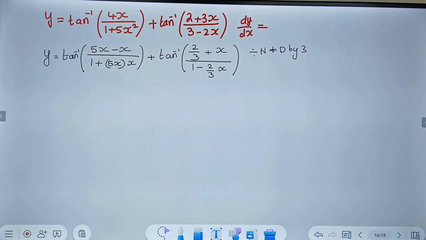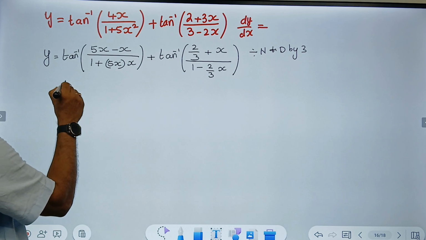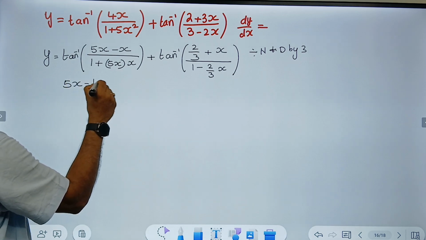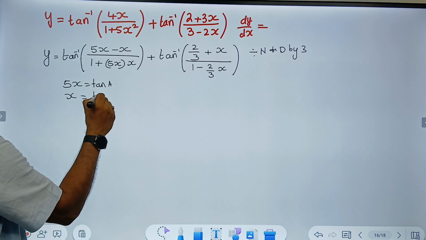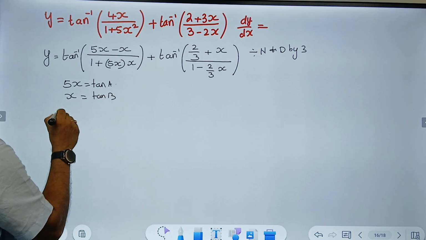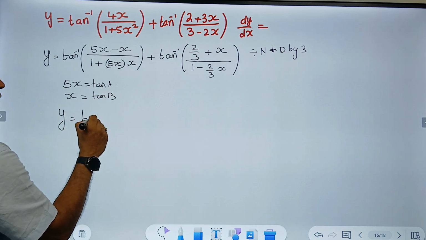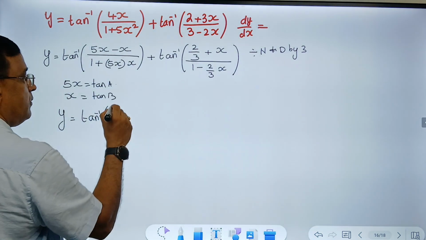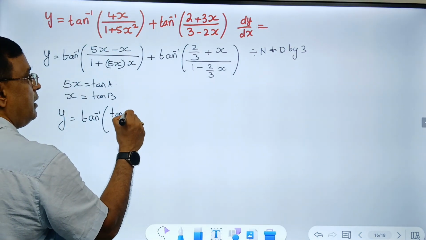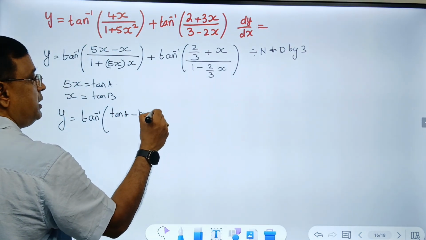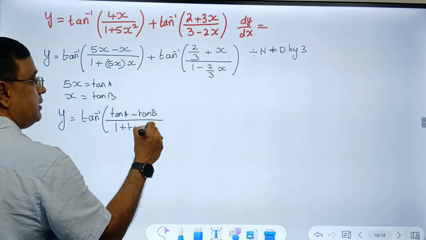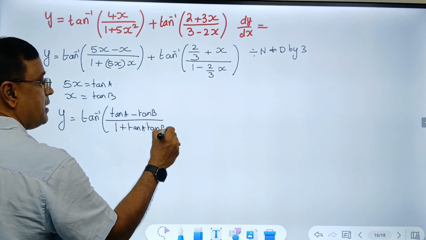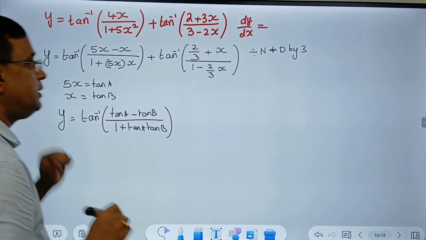Okay. So now here I take 5x as tan A and I take x as tan B. So what do you get? I get tan inverse of tan A minus tan B by 1 plus tan A tan B. Let it be there. Now here what I do?